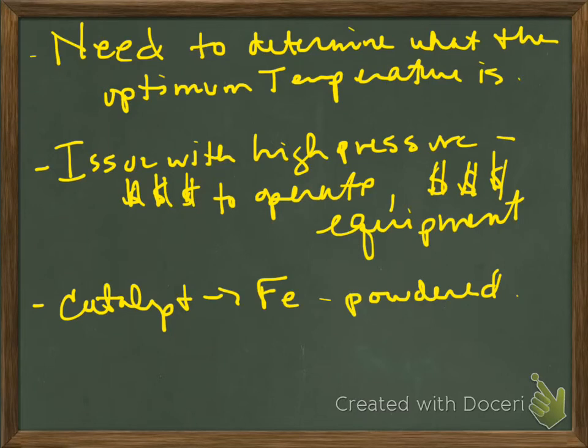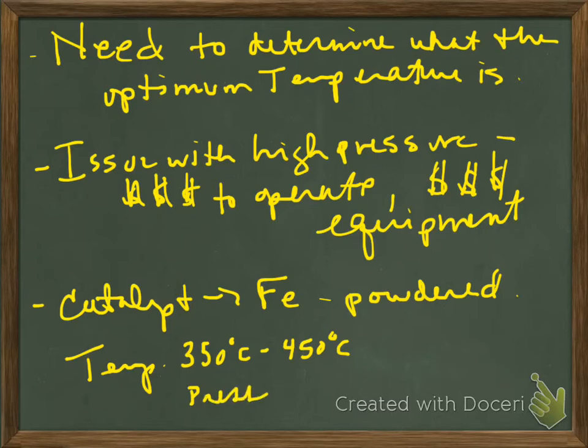So, what the industry has developed is your temperature and pressures are going to vary country to country depending on how much they can afford. But typically the temperatures are going to be around 350 degrees Celsius to 450 degrees Celsius, and your pressure is going to be about 150 to 250 atmospheres.